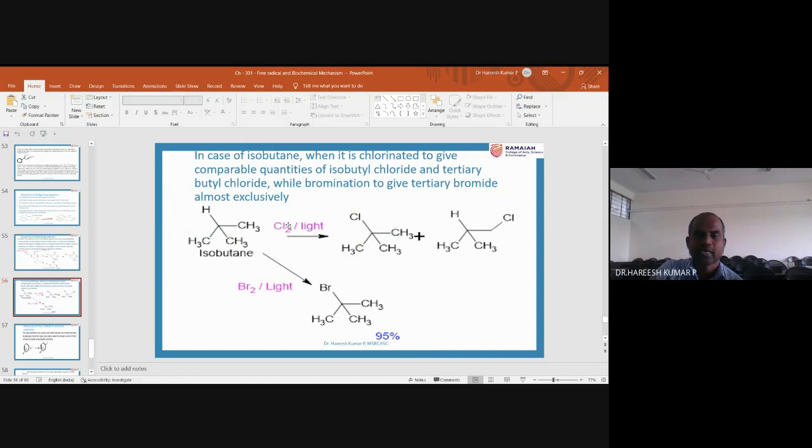When isobutene is irradiated in the presence of light, with chlorine as the reactant, there is a possibility of forming two products: one is a tertiary halide and the other is a primary halide. Both are formed in almost equal quantity.